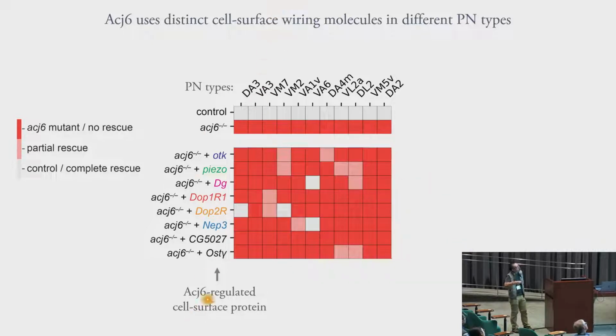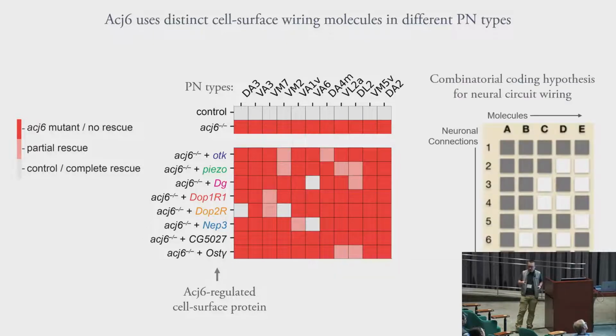And as shown in each column here, each PN type frequently uses a few distinct wiring molecules, forming a complex but very specific matrix. This data immediately reminds us of combinatorial coding theory. Our genome encodes only about 20,000 genes, and only about 20% of them, as Jim mentioned, are cell surface molecules. But they need to specify billions or trillions of connections in our brain.